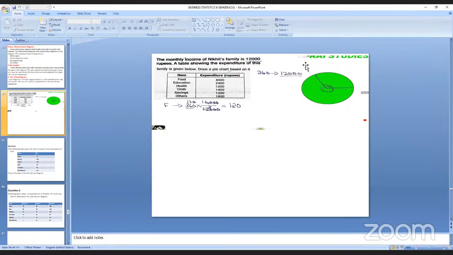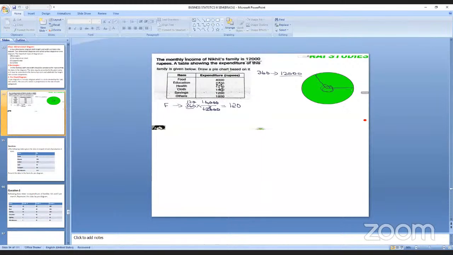So here we have a family with 12,000 rupees. In what way are they using that 12,000 rupees? You have to show the different ways in a pie diagram.